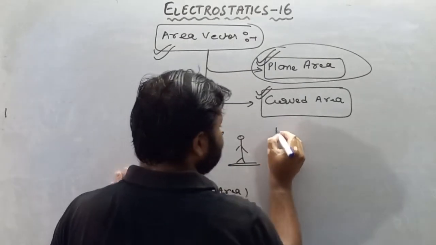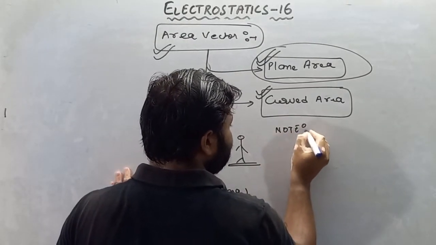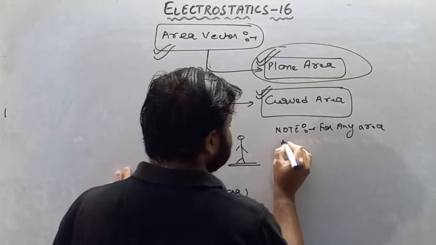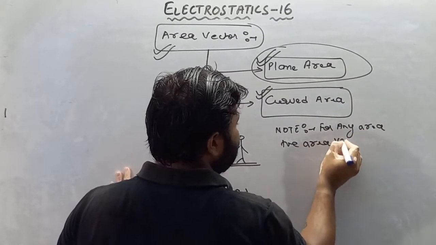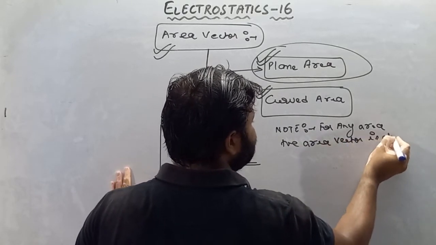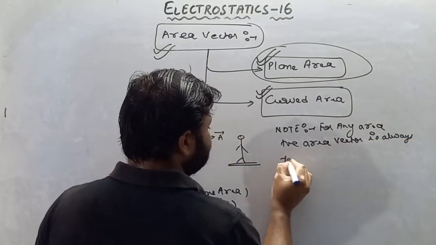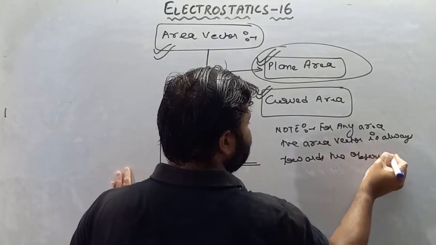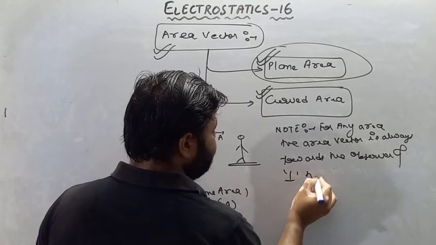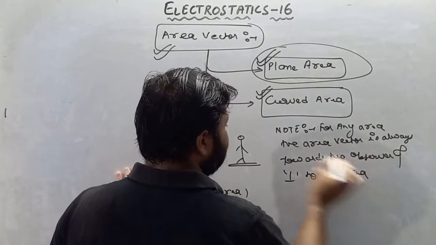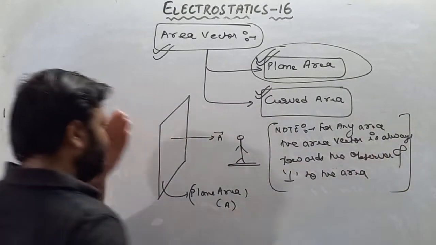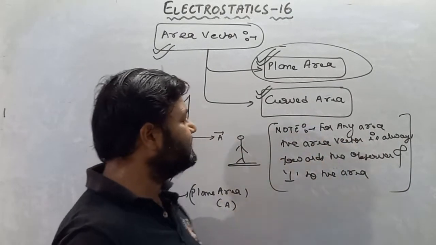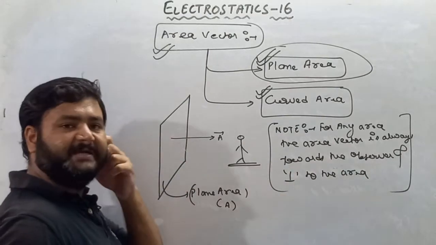So I'll write here in form of note: for any area, the area vector is always towards the observer and perpendicular to the area. Remember my dear student, for any area, the area vector is always towards the observer and perpendicular to the area.